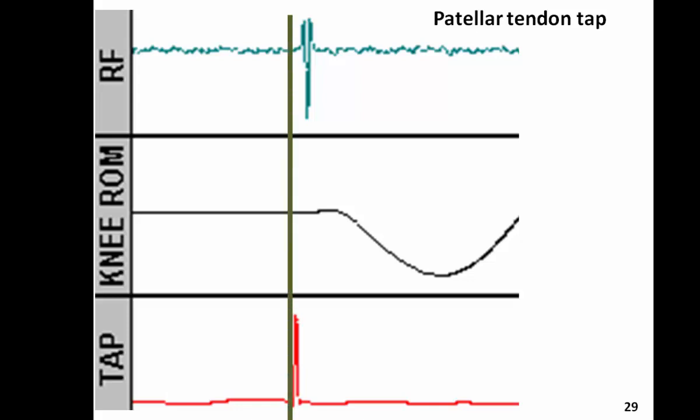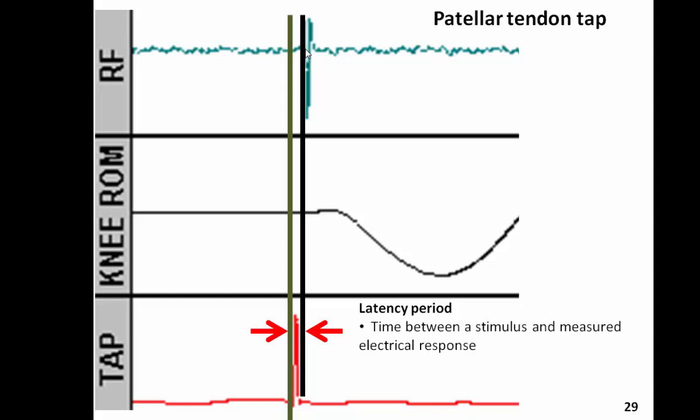What we see here with this green line is when the hammer made initial contact with the patellar tendon, and we have a very, very short period of time before the muscle, in this case the rectus femoris, generates an electrical burst. That's called the latency period, and that's the time between the stimulus, which is the hammer hitting the tendon, and the measured electrical response.